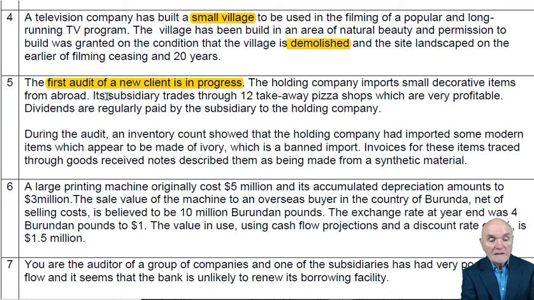Its subsidiary trades through 12 takeaway pizza shops, which are very profitable. Now, it's good that they're profitable, but pizza shops are cash-based businesses, largely. It says they are very profitable. Is this implying that they are unrealistically profitable? And dividends are regularly paid out of this. So is this a potential placement of funds for money laundering purposes?